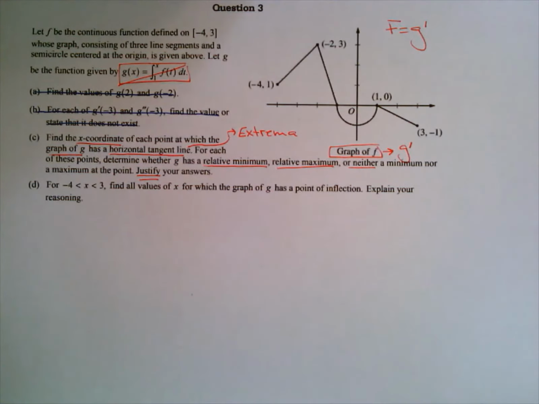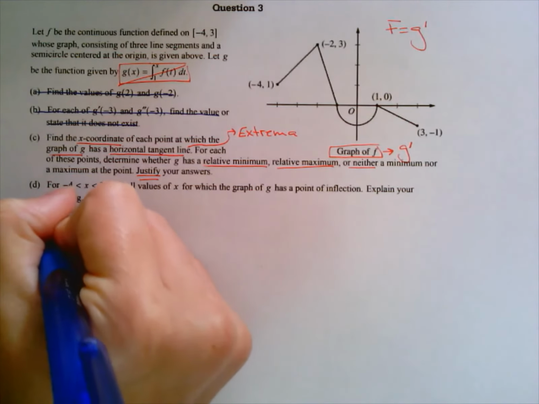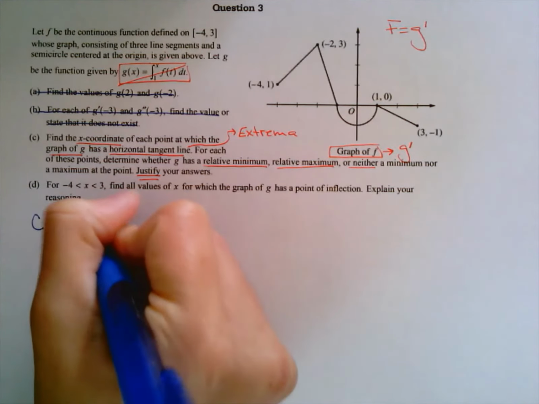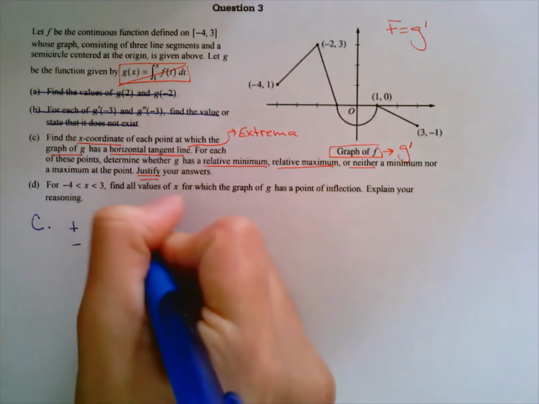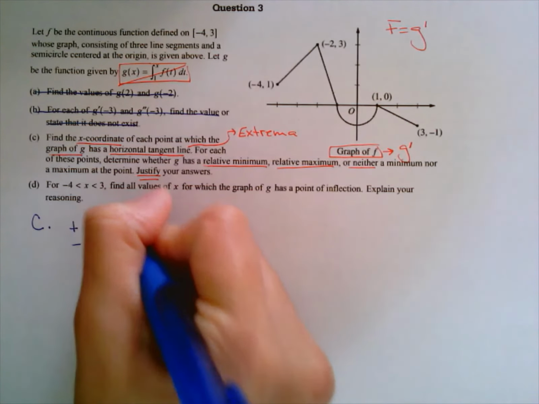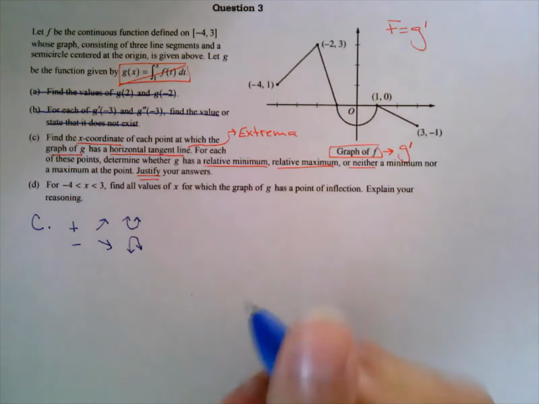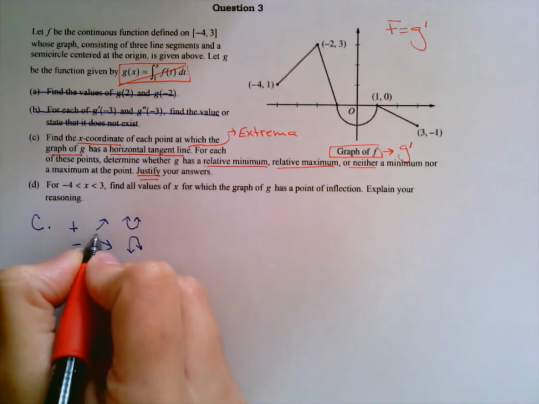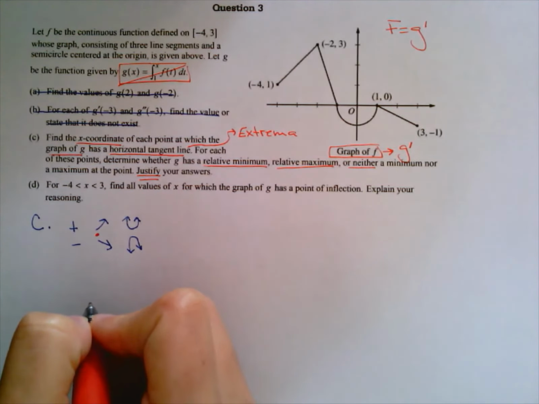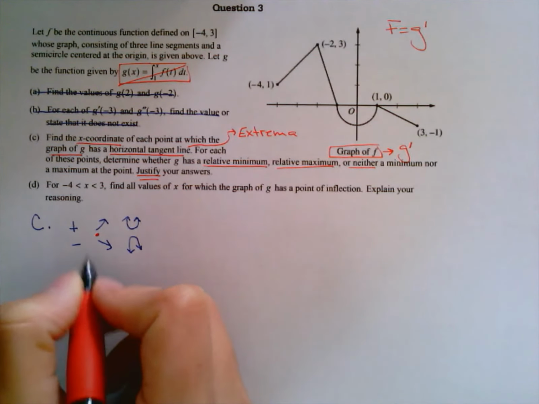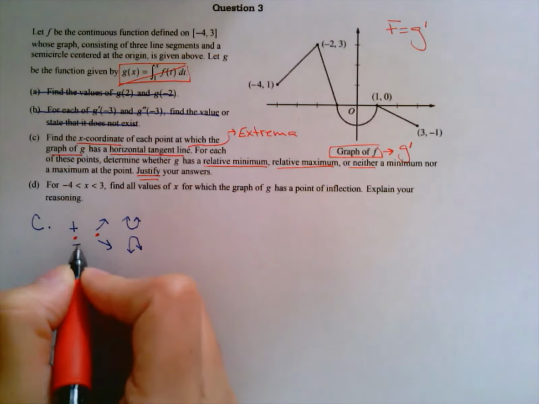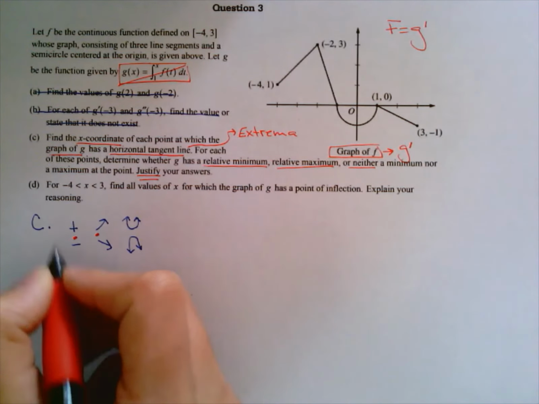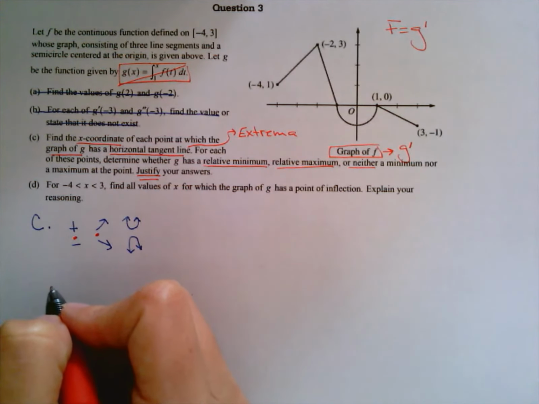So if I want to know extremas, I'm going to start off by drawing my usual plus, minus, increase, decrease, concave up, and concave down. So if they're asking me for extremas, extremas take place when I am switching from increasing to decreasing or vice versa. Okay? So that means I'm going to look for changes of positive and negative, meaning changes from above to below.